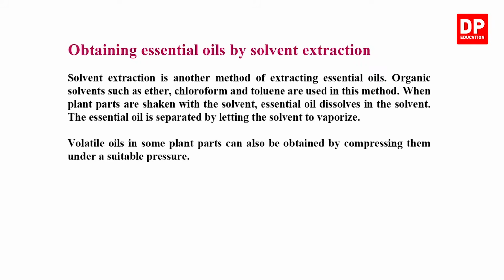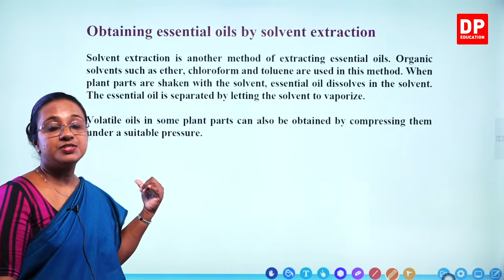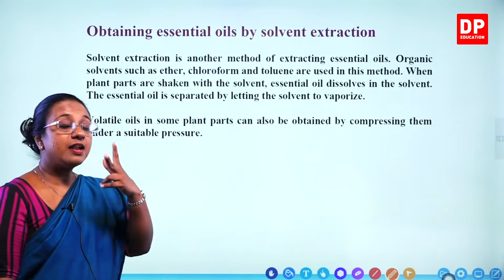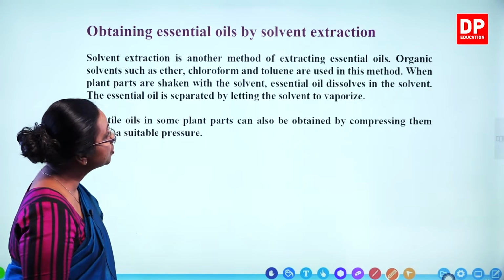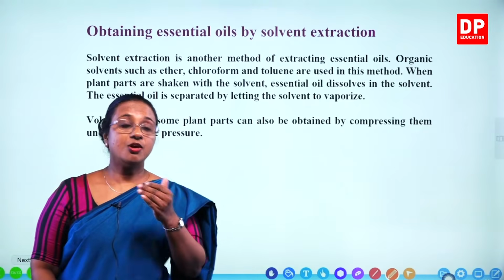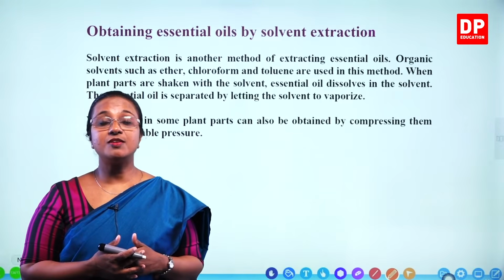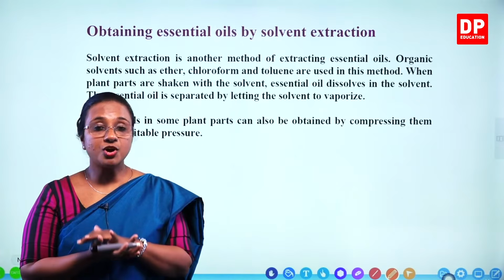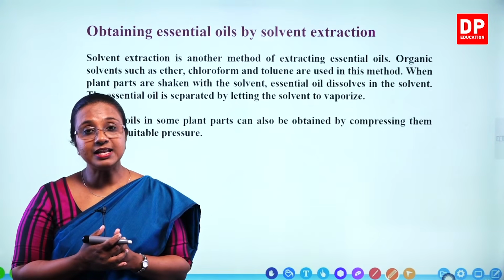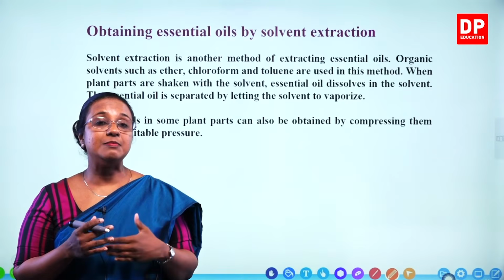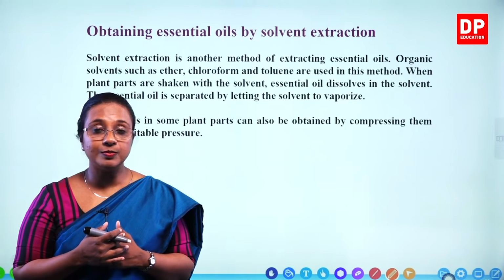With that, we will move on to obtaining essential oils by solvent extraction. So the first method was steam distillation. There are two other methods. The second method is by solvent extraction. You all can remember the process of solvent extraction. We have solvent 1. The essential oil will be dissolved in that, but the solubility will be less in solvent 1.